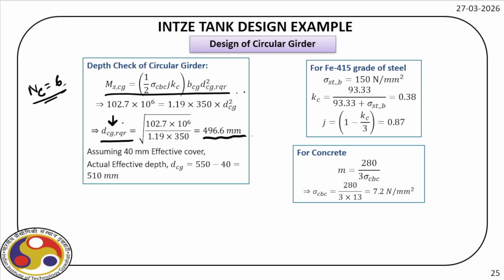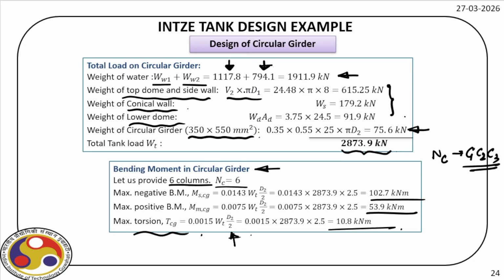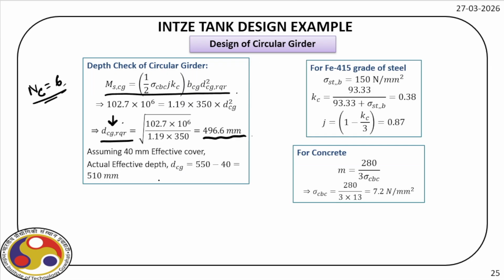We have already provided 550 millimeter girder. So, if we assume 40 millimeter of effective cover, the effective depth is 550 minus 40, which is 510.